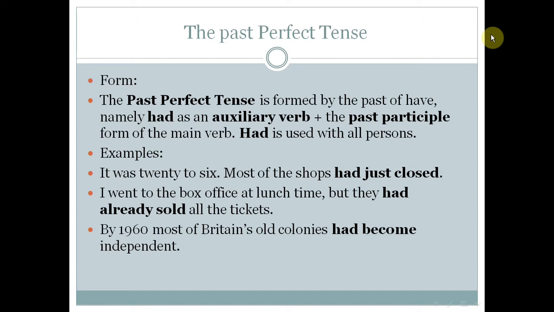But like now, the tense is past perfect, so we must use the past of verb have, had, plus the past participle of the main verb. And here, in past perfect, had is used with all persons. So we say most of the shops had just closed.